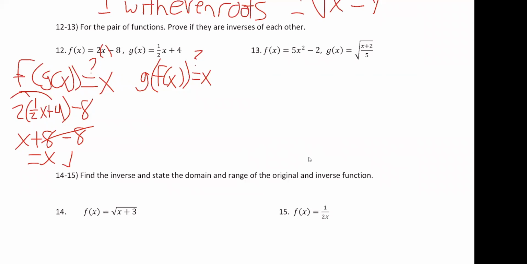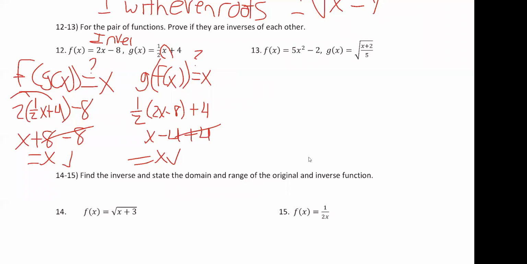G of f of x, that's plugging the f function in for the x in the g function now. So that would be 1/2 times 2x minus 8 plus 4. If you distribute, you would get x minus 4 plus 4. So it does equal x. So these are inverses.